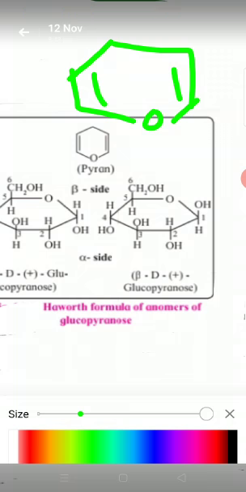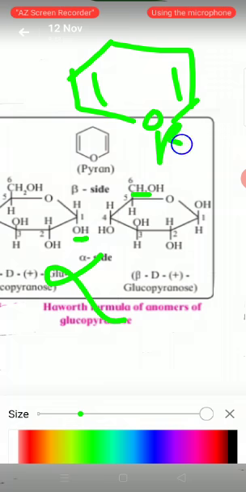Students, in the pyranose structure, see here, the groups which are present on the right hand side in the Fischer projection formula are drawn on the downward side and the groups which are present on the left hand side are drawn on the upward side. The downward side is called the alpha side and the upward side is called the beta side.